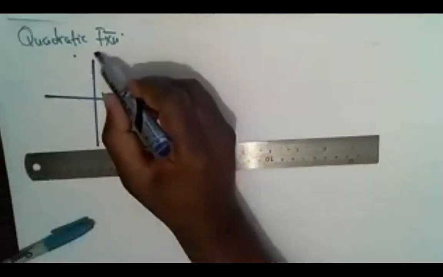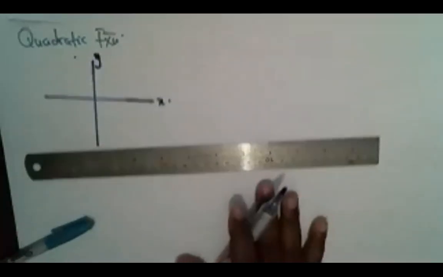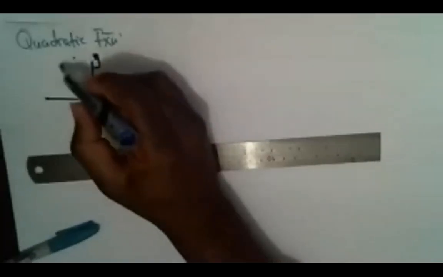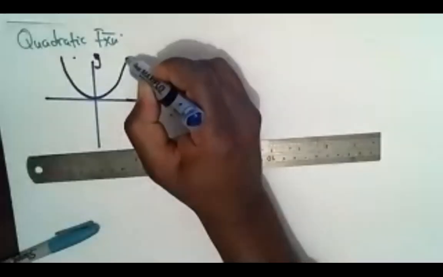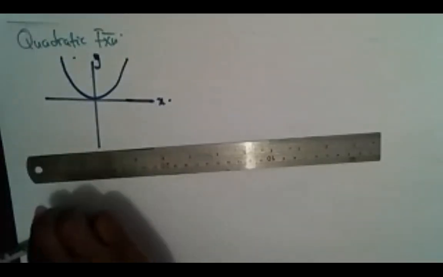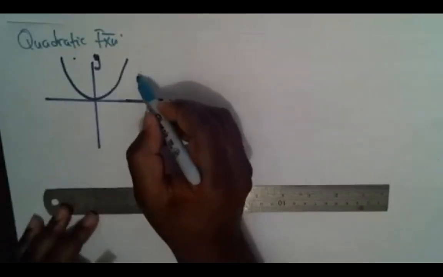So we have x, we have y, and the x-axis. Then we can now draw our parabola, which is this one. The other one, I will draw using this one.